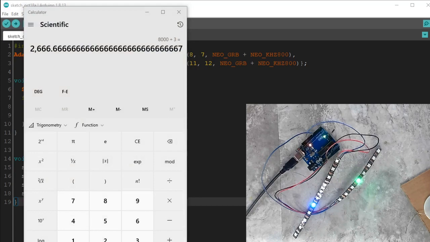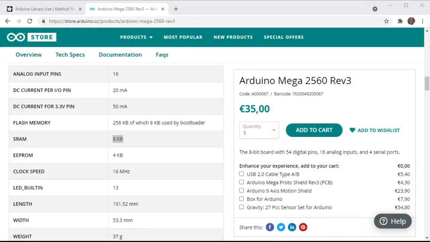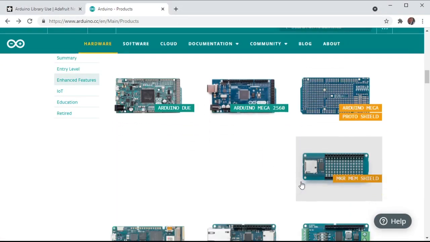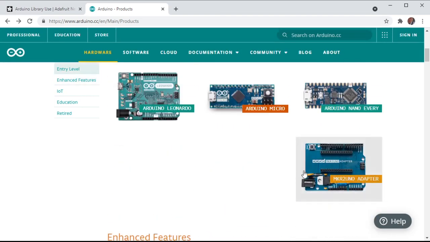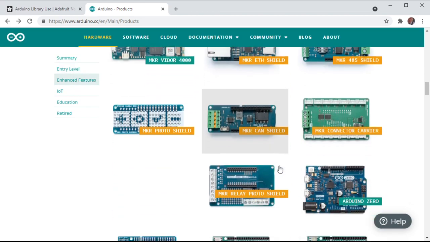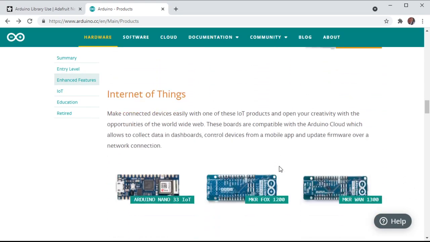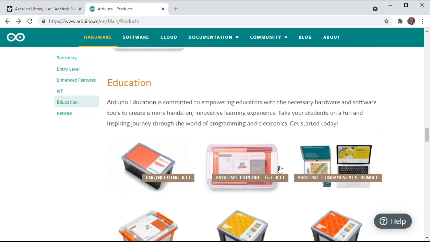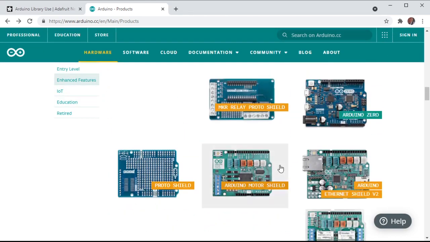Let's go look at one more board here on Arduino. Let's look at a SAMD21, or I think that's the Zero. Okay, shields. Oh, maybe the Zeros.